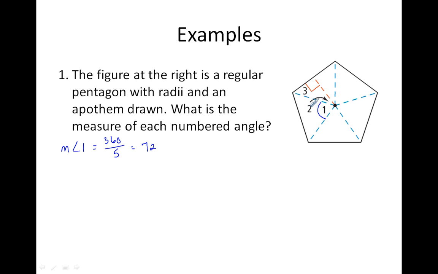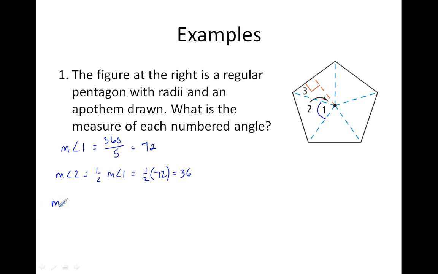Now, as I mentioned before, angle 2, which is right in here, is the bisected angle of angle 1. So the measure of angle 2 is actually 1/2 of the measure of angle 1. And since the measure of angle 1 is 72, we take half of that and we get 36.